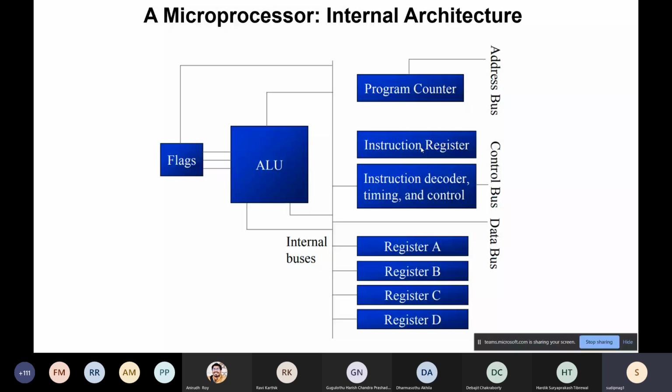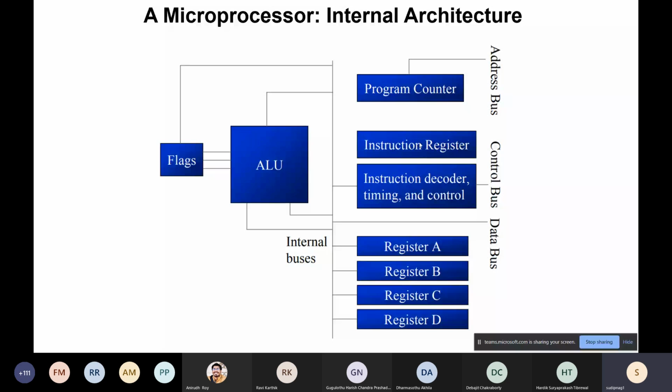The instruction decoder will take the value that has just been written in the instruction register from memory location 0000, and that gets decoded. That means the microprocessor is trying to understand the meaning of that instruction value that came from the memory.